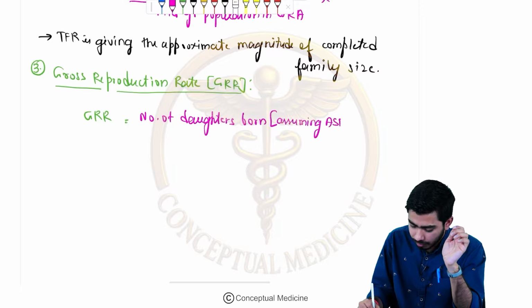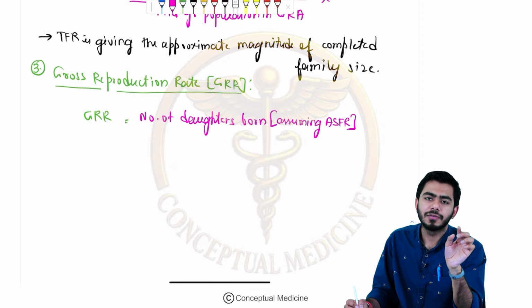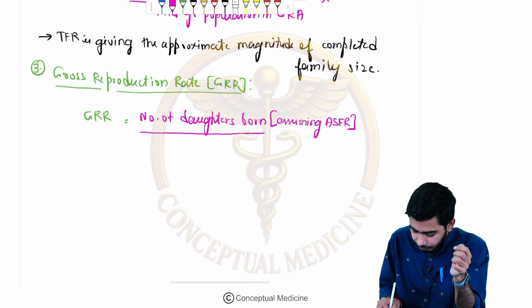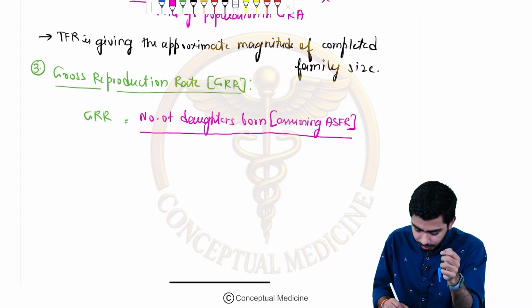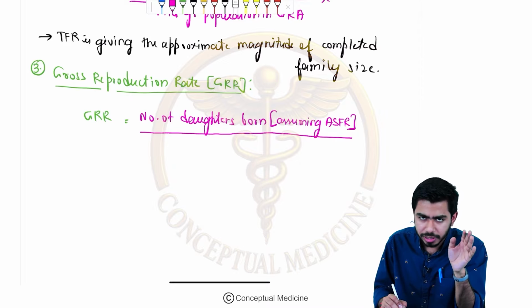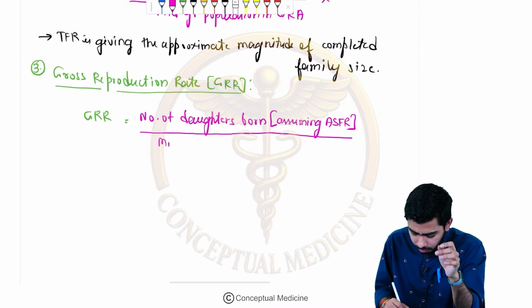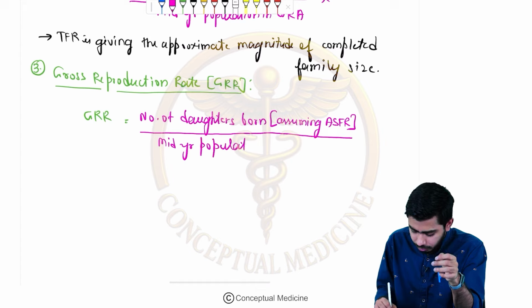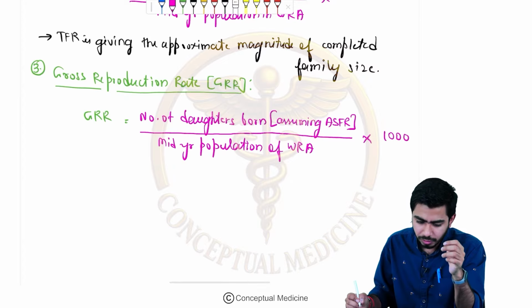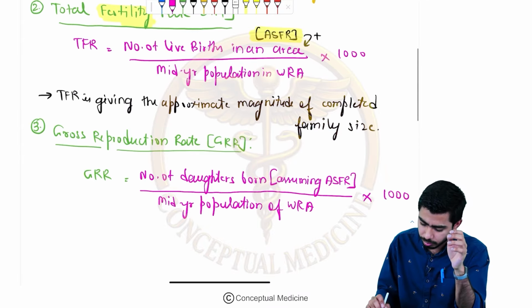ASFR is the age specific fertility rate, okay, divided by the denominator, which will remain the same as the fertility rate, that is the mid-year population of women of reproductive age group. Okay, so the denominator will be the same here also, the multiplier will also be the same, that is multiplied by 1000.